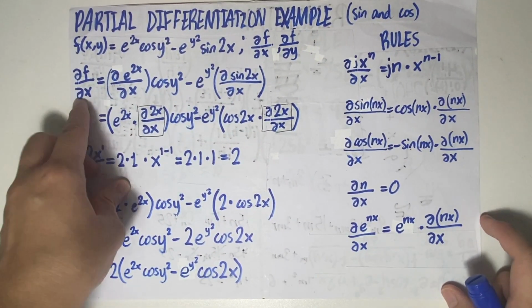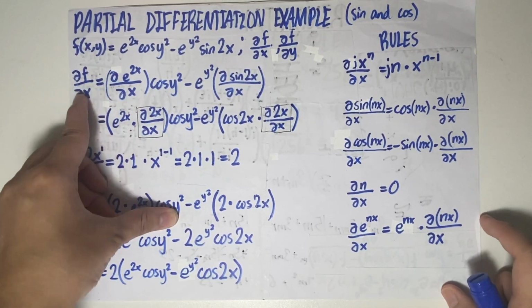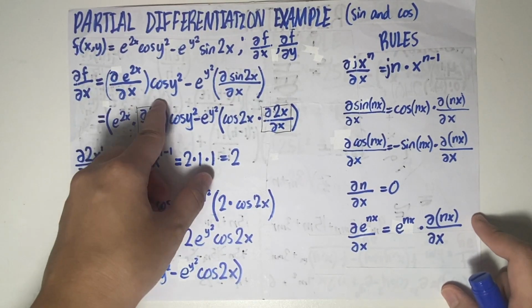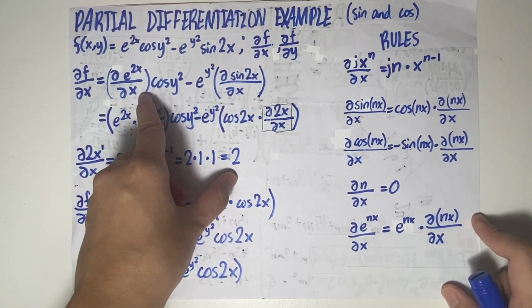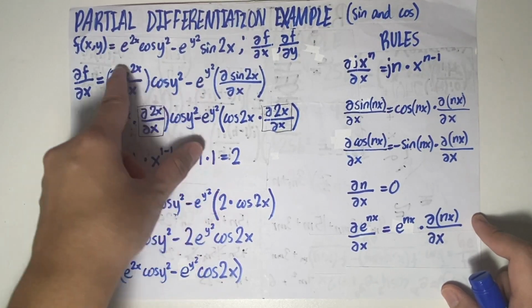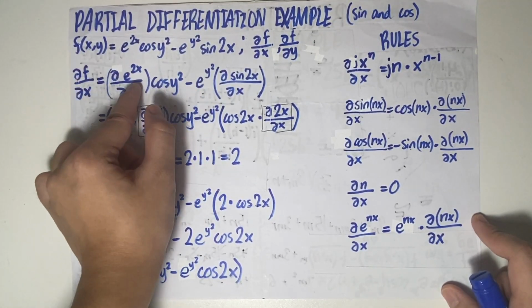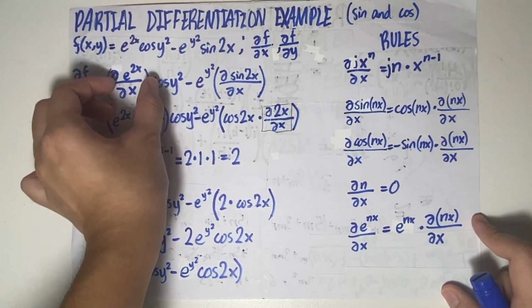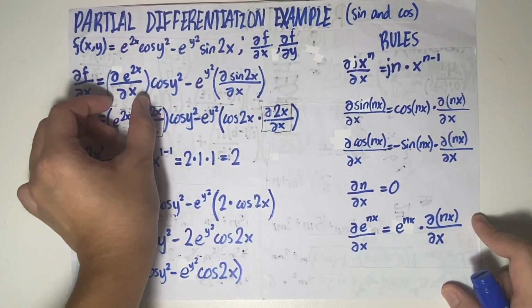Again, to reiterate, we are deriving f in terms of x, so we treat the other variable y as a constant. Here we have e to the power of 2x, so we are deriving that, writing it in terms of derivation.